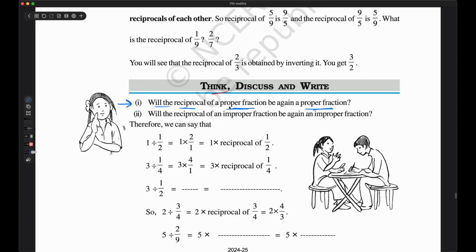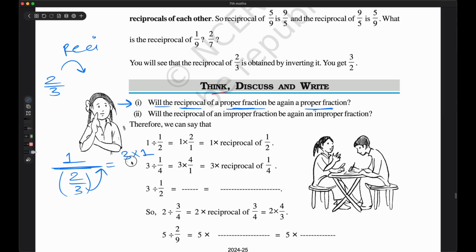For a proper fraction, let us take the example 2 divided by 3. The reciprocal of 2 by 3: we know that to find the reciprocal, we write the number in the denominator of 1 and then send the denominator to the opposite side of the division line, that is, send 3 above the division line, and 3 by 2 is the reciprocal of 2 by 3.